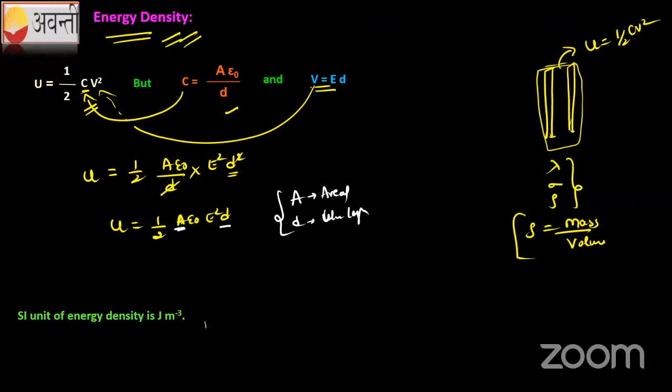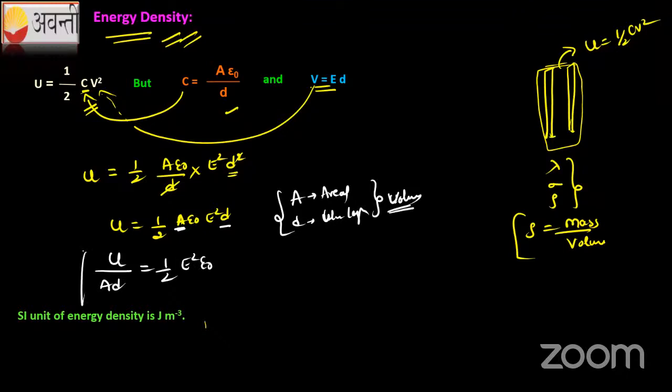If I multiply this, we will get volume. So I take these two terms to the left-hand side, then it will be energy divided by Ad equals the remaining, which is ½ E² into ε₀.